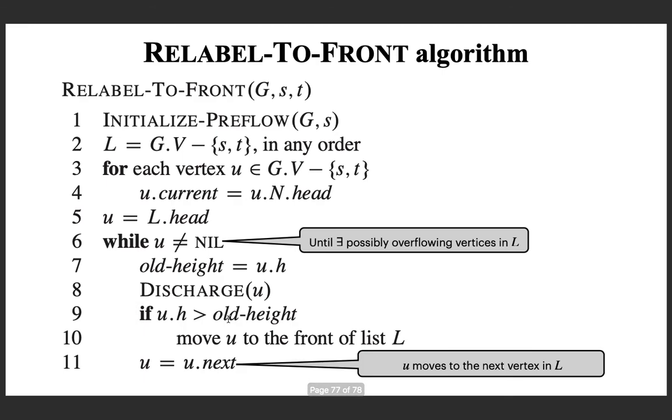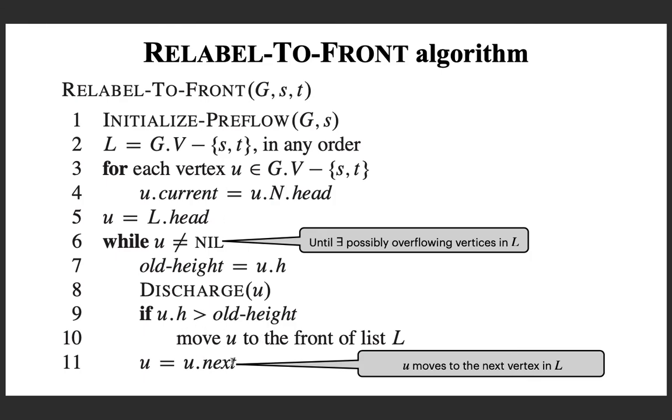And once you discharge u, there is no need to consider it again, because that is what we proved from the lemma. Then it picks the next intermediate vertex from that list and continues. So, it will go through all the intermediate vertices, that is n minus 2, and then it will finish.